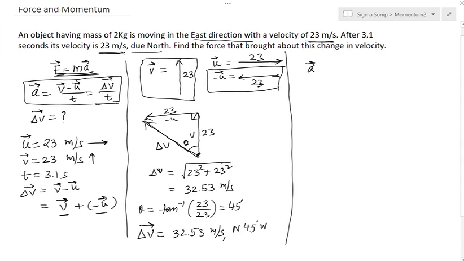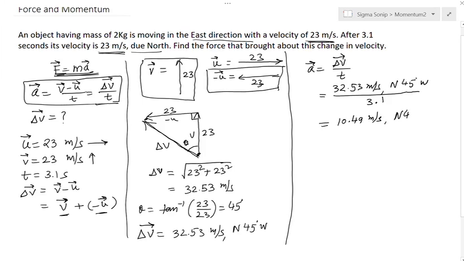So acceleration is equal to delta v upon t. Delta v is 32.53 meters per second north 45 degrees west, divided by t, which is 3.1, and that gives me an acceleration of 10.49 meters per second north 45 degrees west.